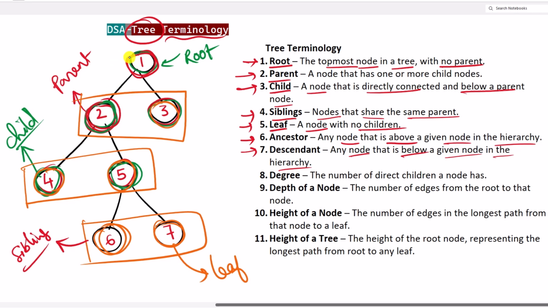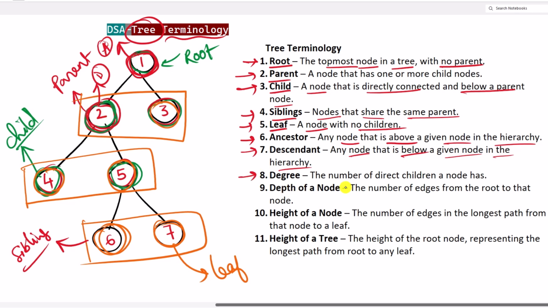That means we can call the node 1 the ancestor. Here, because the node 2 is below this node 1 in this hierarchy, that means we can call this the descendant. That means the node 2 will be the descendant of the node 1, and the node 1 will be ancestor of this node 2.